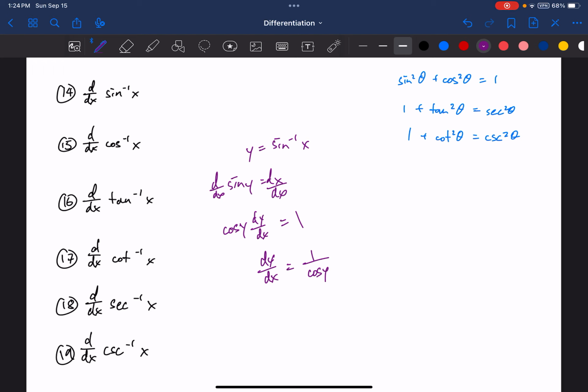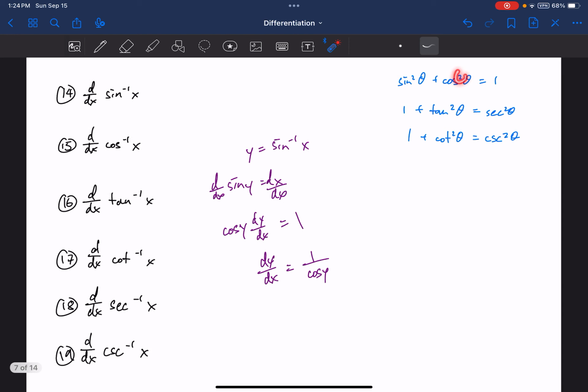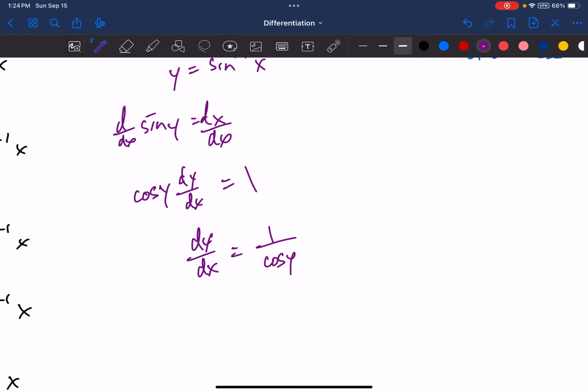Now, when you look at these 3 equations, you realize that cosine here and cosine here look pretty similar. It's just that the square here is a little bit of a problem. So what I would do is just take a square here and then I just root this. I did nothing, right? I square it and then I take the square root, so I just end up with the same thing.